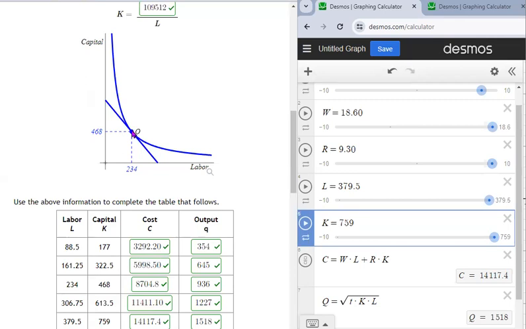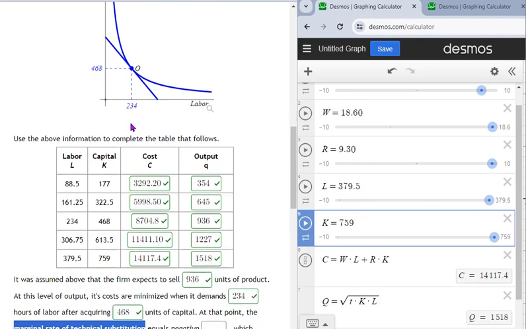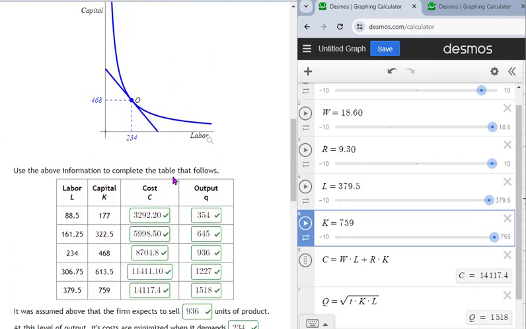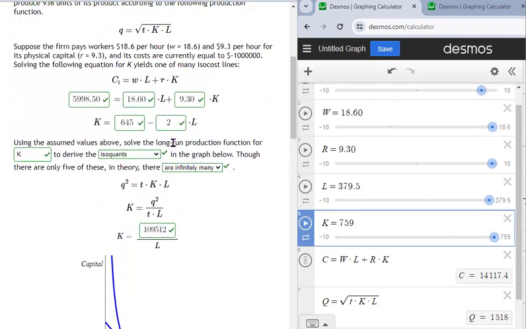And it only happens at one point, at this blue point. At any other point along the blue curve, this is not true. But at this point, the slope of the isoquant equals the slope of the isocost. And if you remember, the slope of the isocost was 2, right?